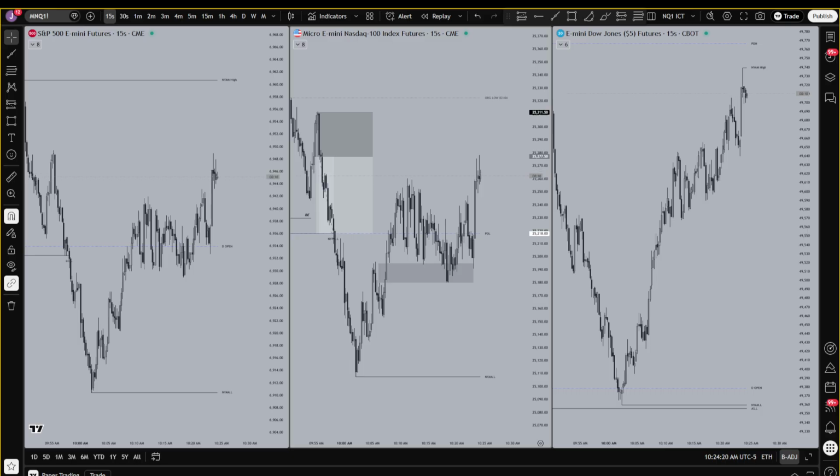Gold looks good right now, just hit the equilibrium on that. And we definitely just closed above that 5 too, so now it doesn't look as good.